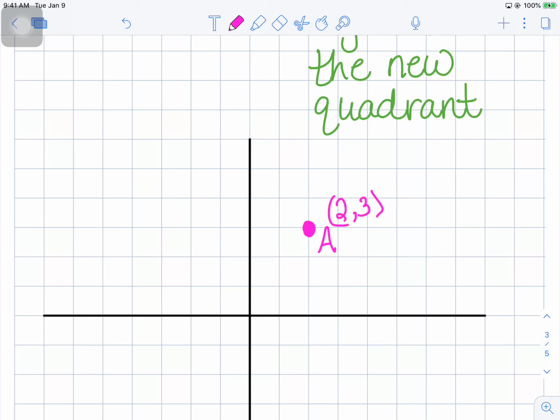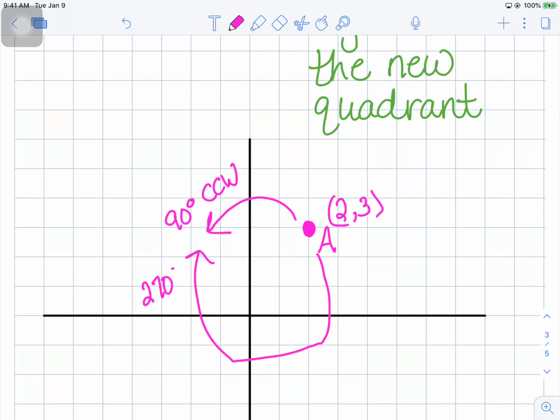Well, that's backwards from a clock, so this would be going the wrong direction on a clock's hands. So my rule when I'm going 90 degrees counterclockwise would be the same thing as saying 270 degrees clockwise. This is 90, 180, 270 clockwise. So that's the same thing.